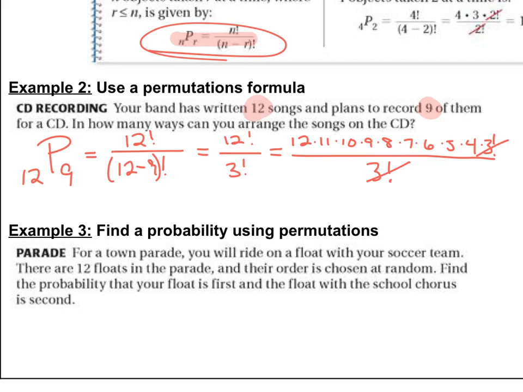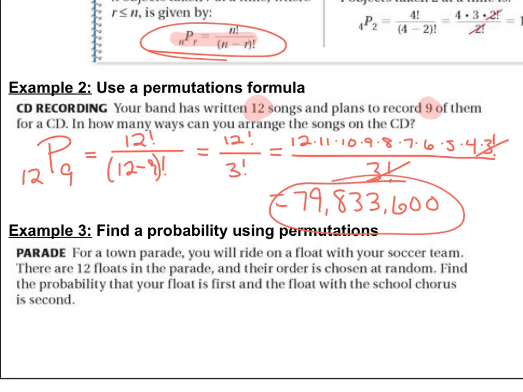Then all you're going to do is multiply 12 times 11 all the way down to 4. You will find that there are 79,833,600 ways to take 9 songs out of the 12 that you have made to put on a CD.